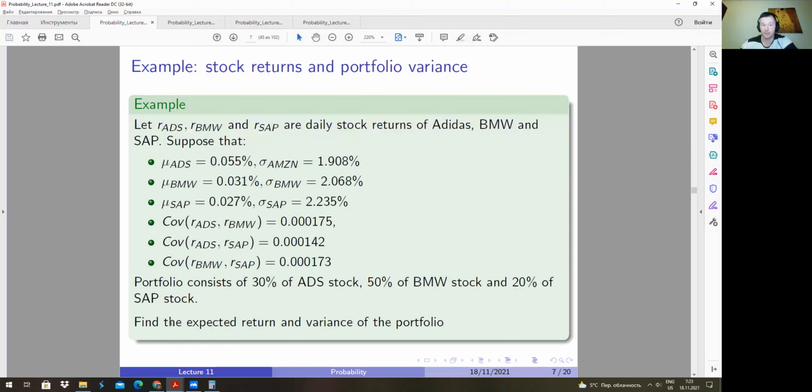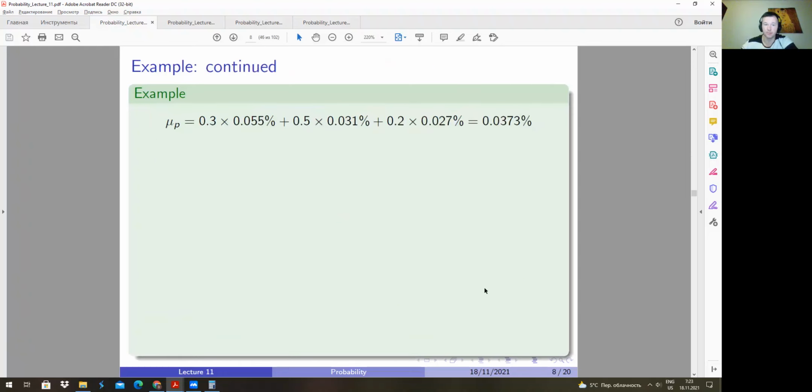So now the question is, what is going to be the expected return and variance of the portfolio, given all this data? In order to calculate the expected return, we just need to calculate the weighted average of these three returns according to their weights, which is simple, right? So I take the weight of Adidas, multiply by the expected return of Adidas.